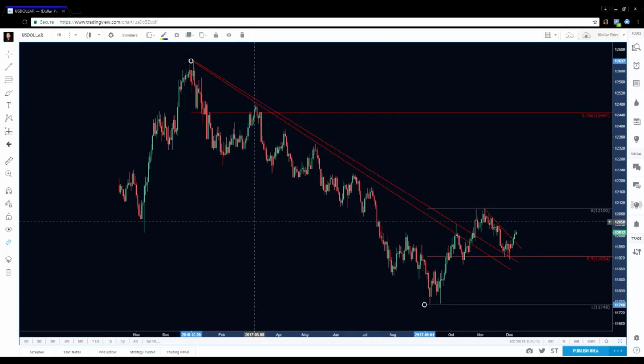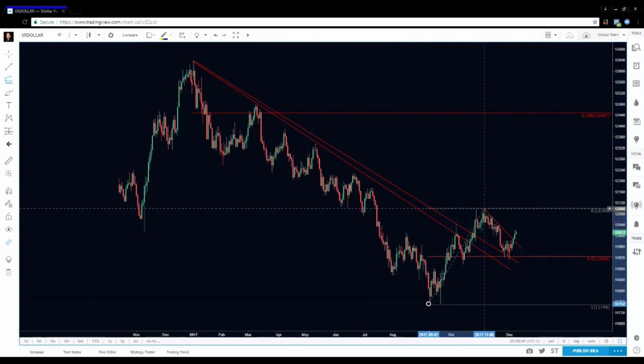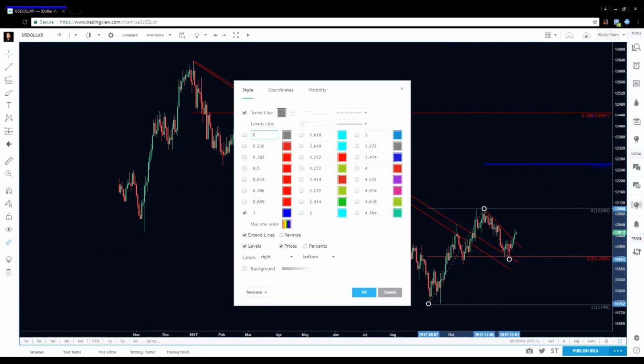Now let's go and figure out, take the trend-based fib extension and measure off of this high to this low. And I always look at the 100% projection because that is essentially our ABCD. Okay, let me make sure that's the one.